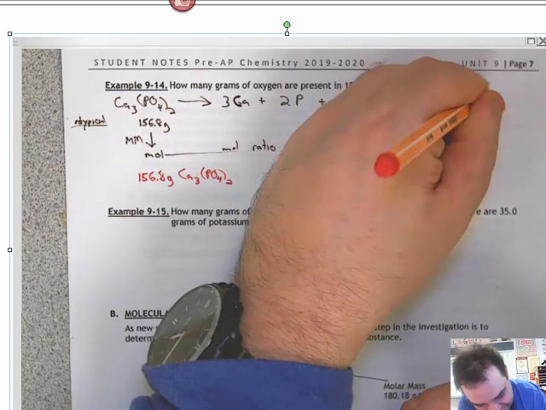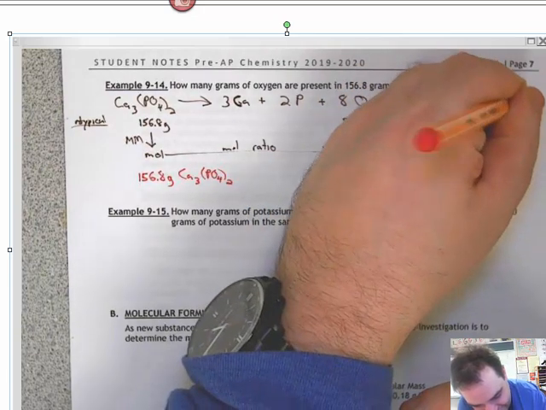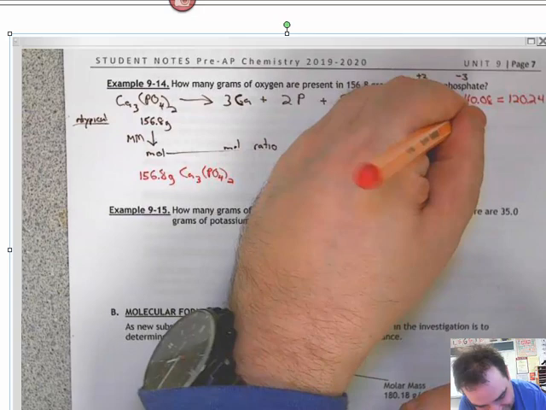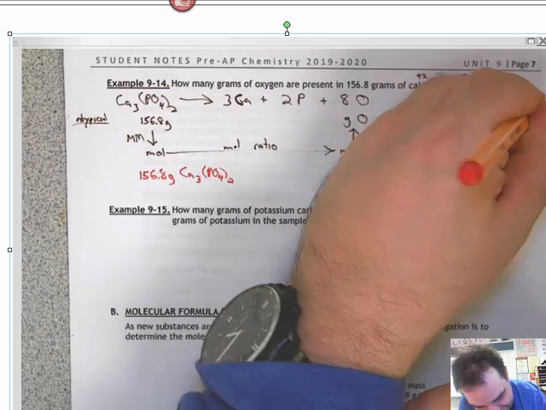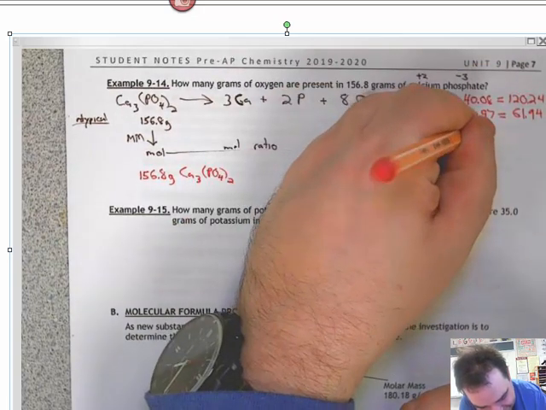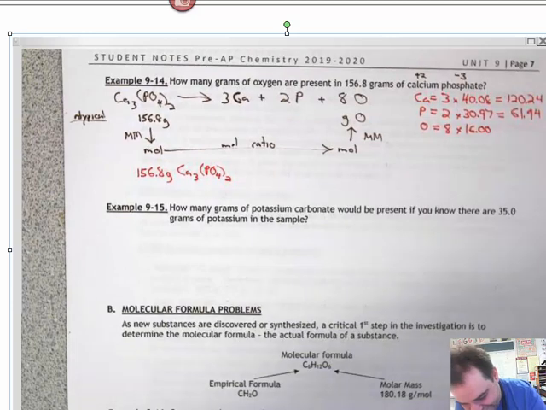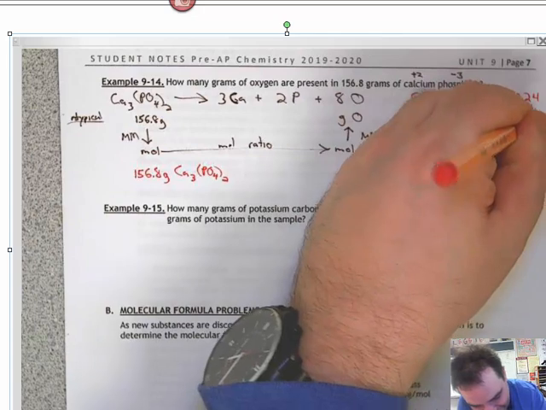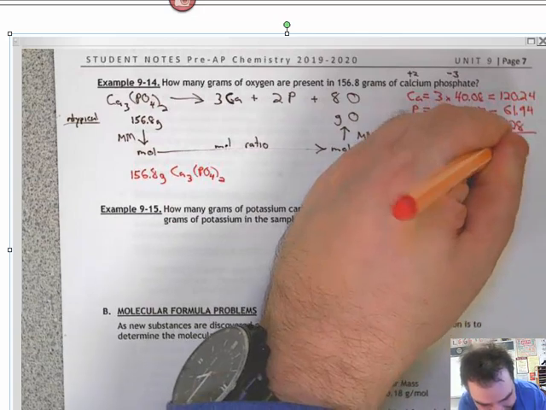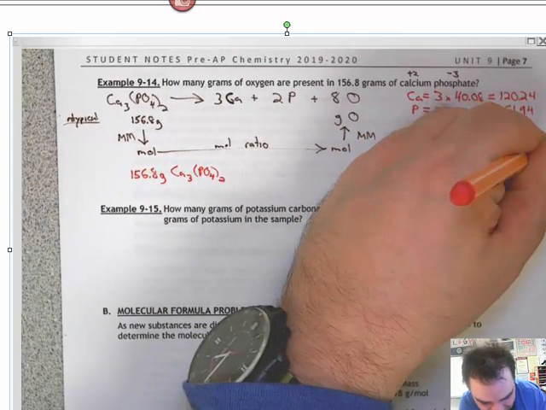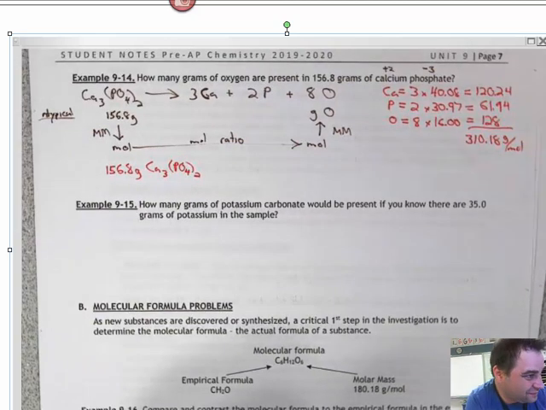Calcium is 40.08, times 3 is 120.24. Phosphorus is 30.97, times 2 is 61.94. 8 times 16.00 is 128. 120.24 plus 61.94 plus 128 is 310.18 grams per mole.